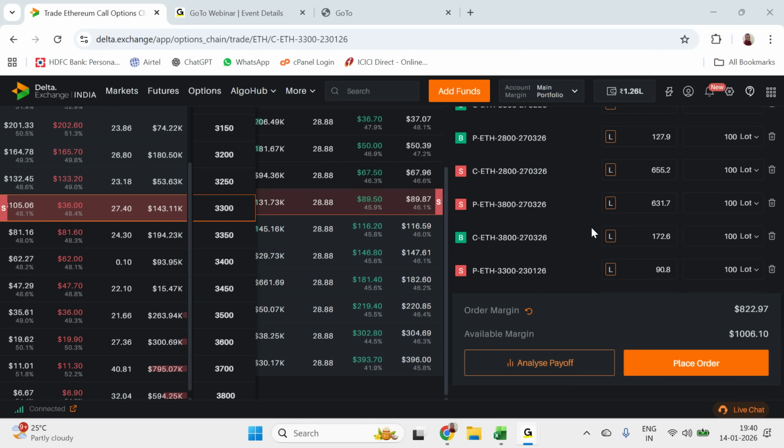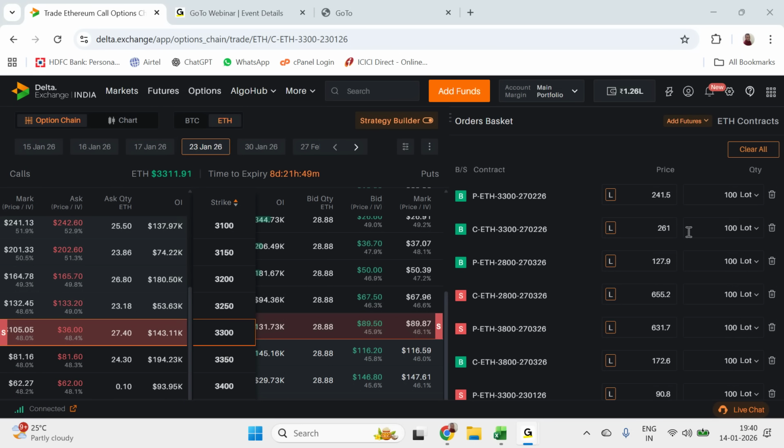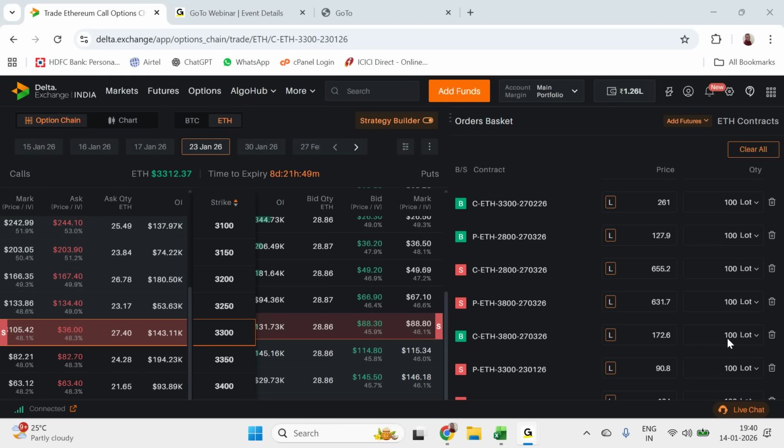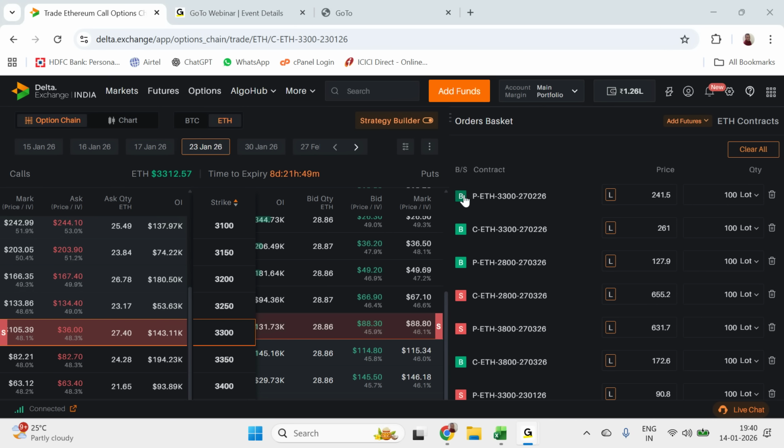So these are the three different ways you can initiate this particular strategy. First approach, all lots are the same. Daily expiry you can sell. Second approach, the long straddle or strangle will have 50% extra positions.